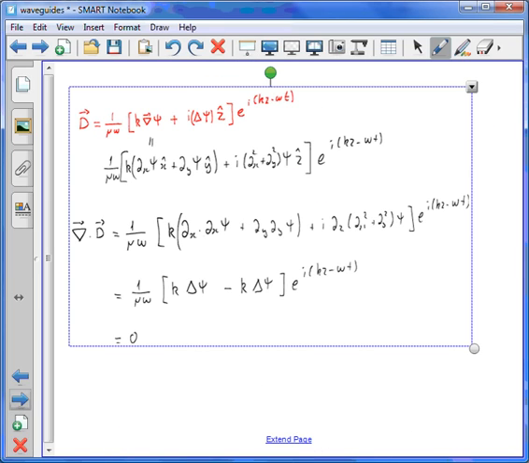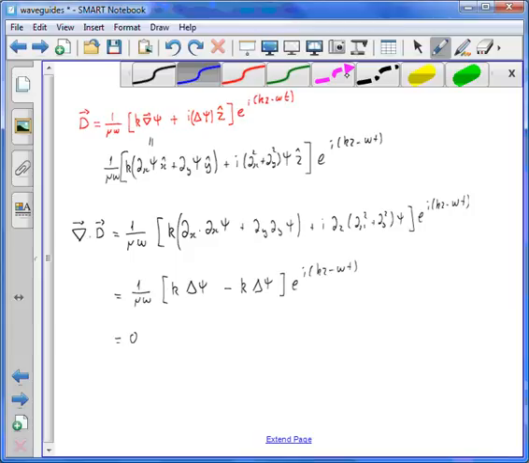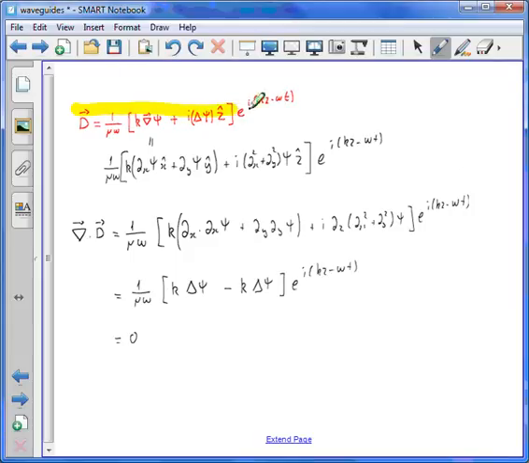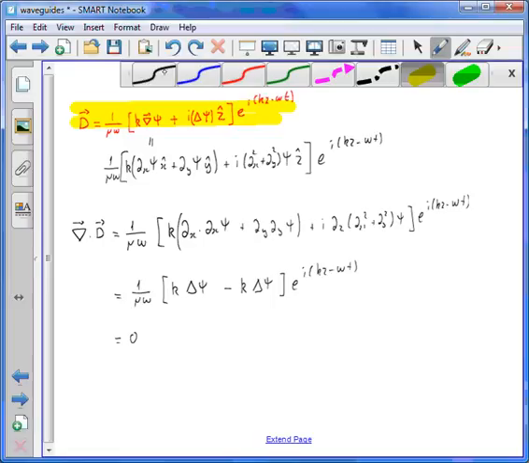So here I have the expression for D, which we had before, and I'm going to take the divergence of this. So let's express D in its components. So the gradient of psi is simply the derivative in x of psi in the x direction plus the derivative in y of psi in the y direction multiplied by k, and the whole thing is multiplied by 1 over mu omega.